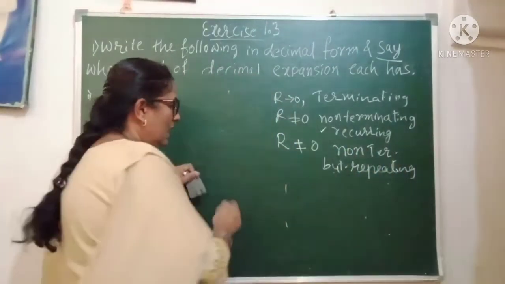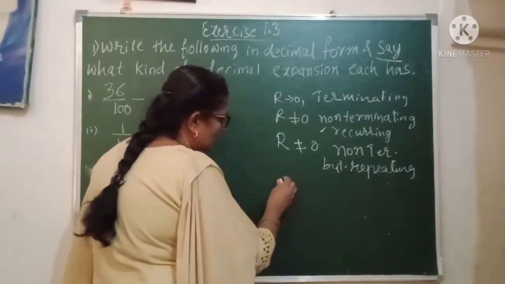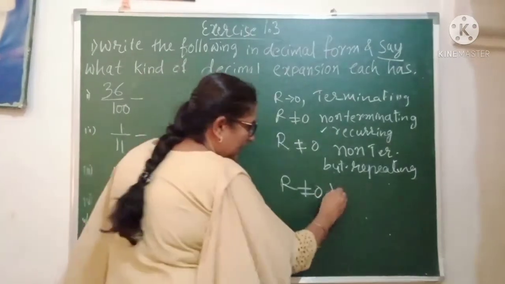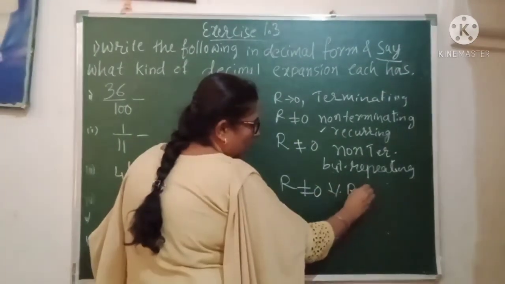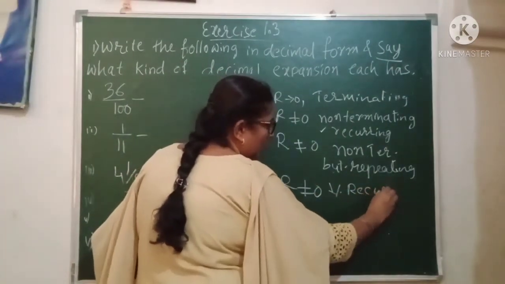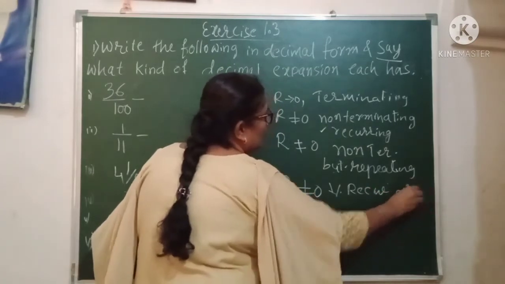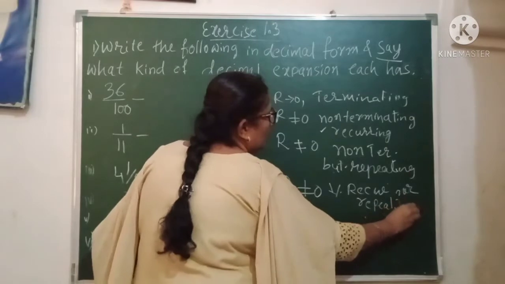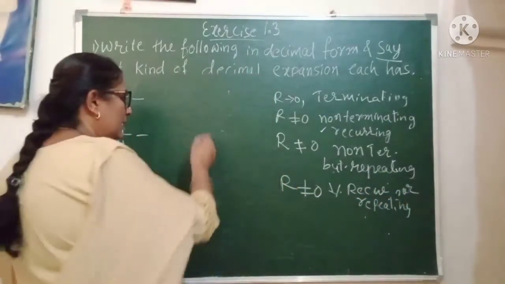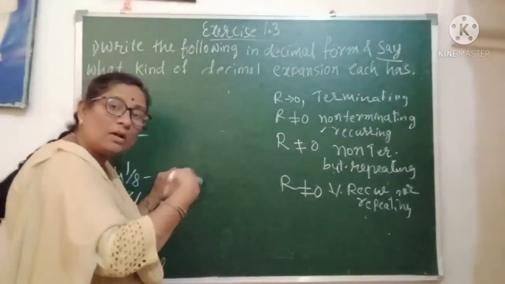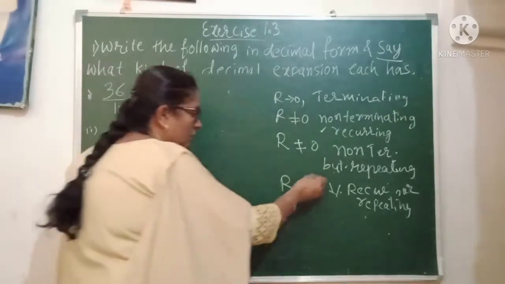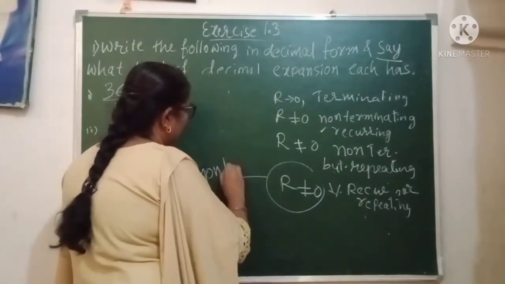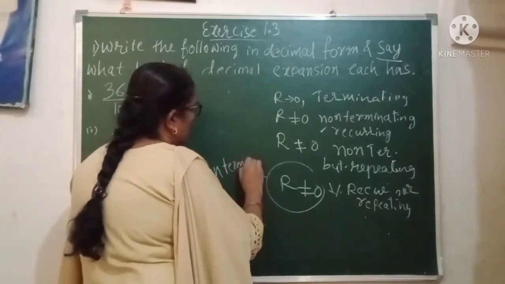And in some cases, the remainder is not equal to 0, but neither is it recurring nor repeating. We have such cases. The remainder will not become 0 and digits will not repeat or recur. In that case, we call such a number non-terminating.